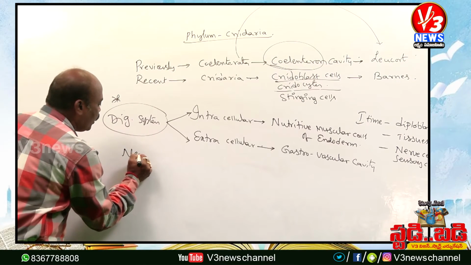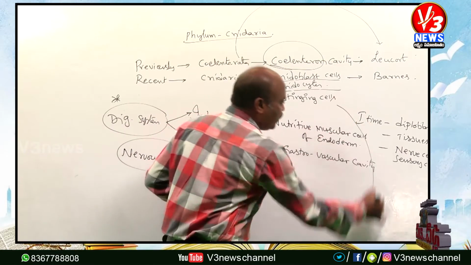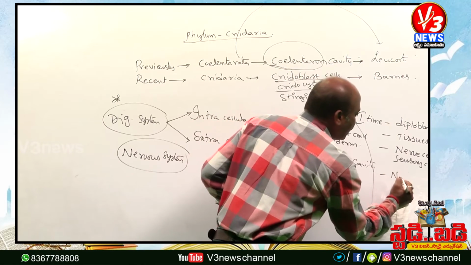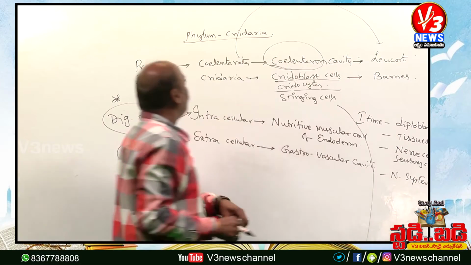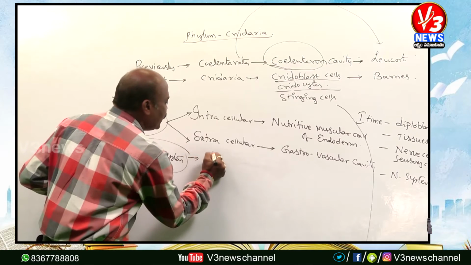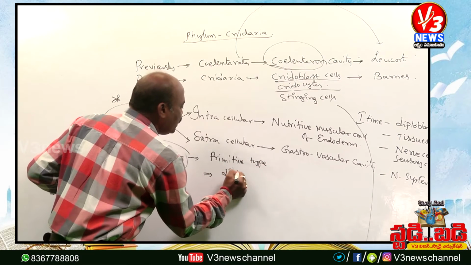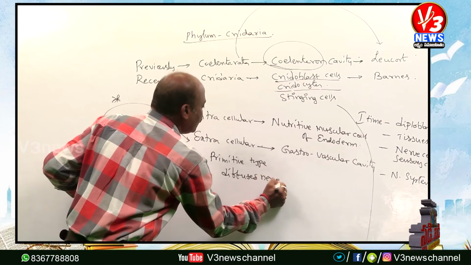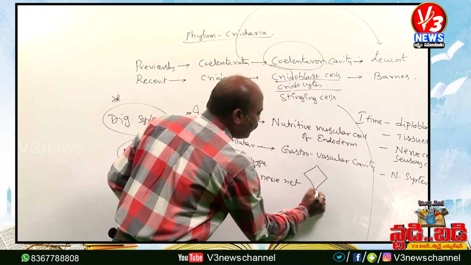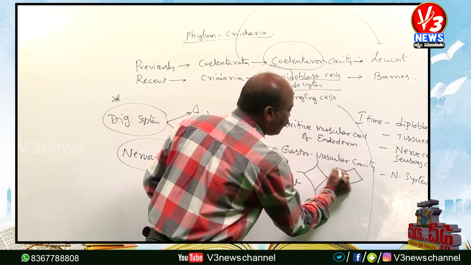So coming to the nervous system. Here I am writing what first appeared in the phylum Cnidaria. First time the nervous system appeared in Cnidarians, but it is a primitive type, in the form of a diffused nerve net. Diffused nerve net means here it is a nerve cell, and I'll draw one more nerve cell like this.